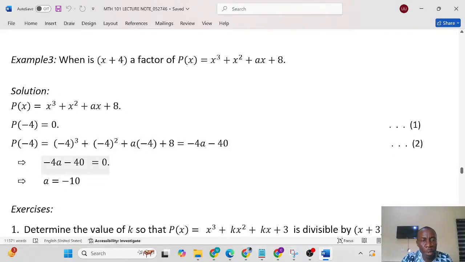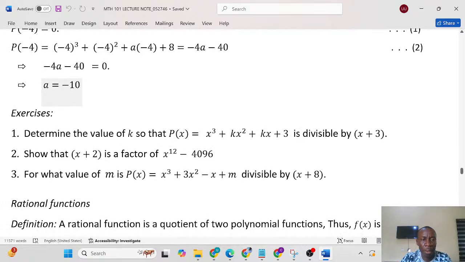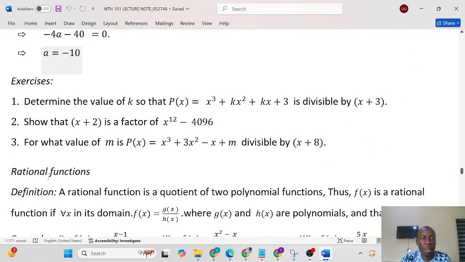So, taking minus 40 to the other side, you have minus 4a equals 40. Dividing both sides by minus 4, it will give us a to be equal to minus what? 10.